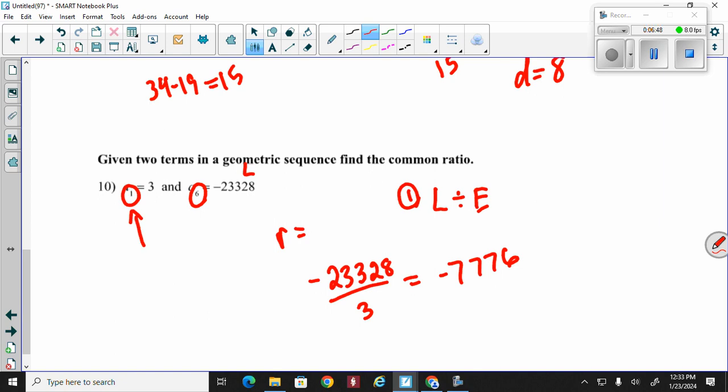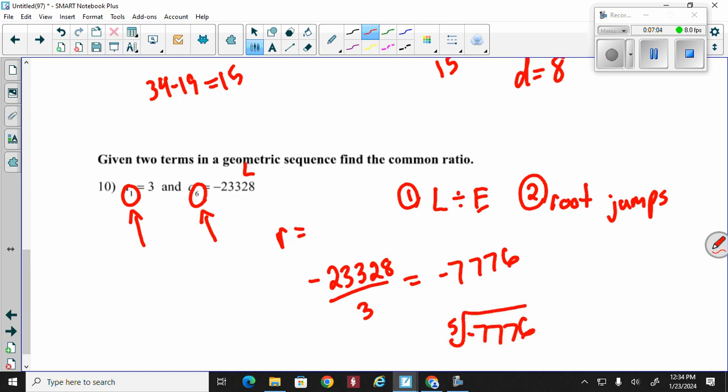Then remember, we're going to root. So step number 2 is we're going to root off the jumps. And that's the sixth term, that's the first term, so that's the fifth root of negative 7776. Let's see. And that means my root, or my ratio, is going to be negative 6. So that means I'm multiplying by negative 6 every single time.